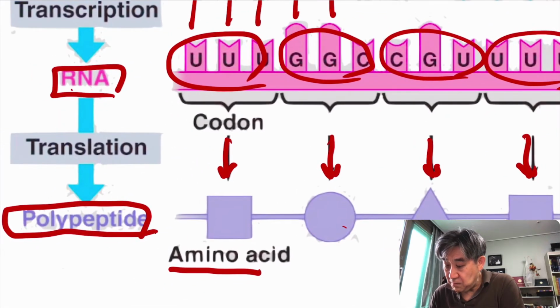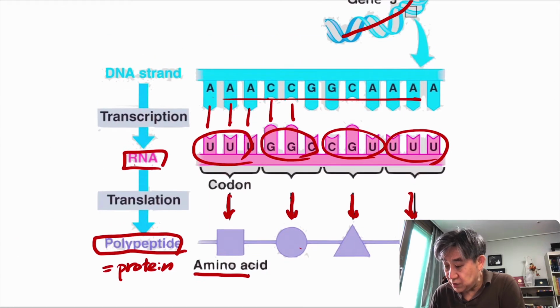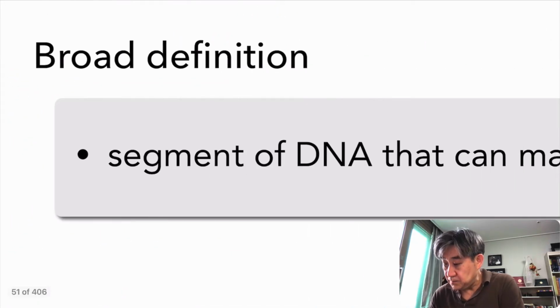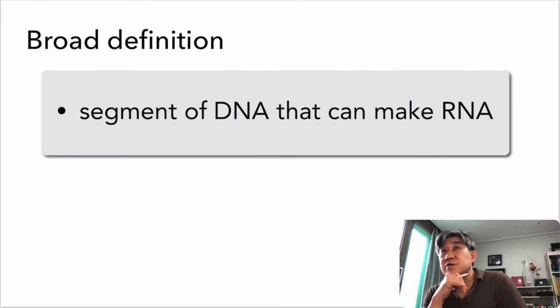Here polypeptide means simply a protein. I have already gone over the distinction between when a polypeptide can be taken as synonymous to protein and when in other occasions it is different, but that's not important. So that's the narrow definition of a gene in molecular genetics.